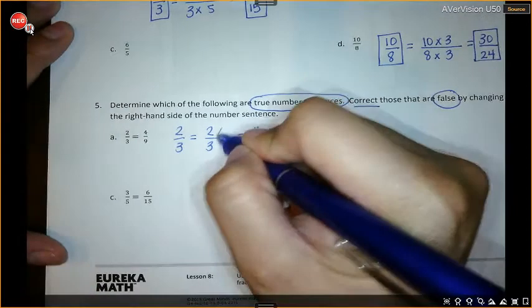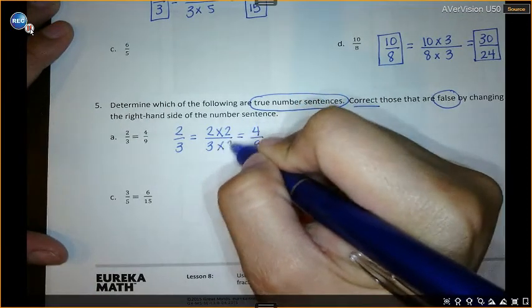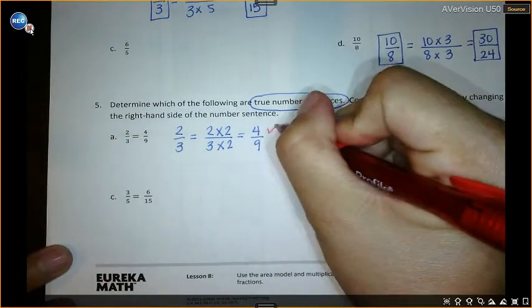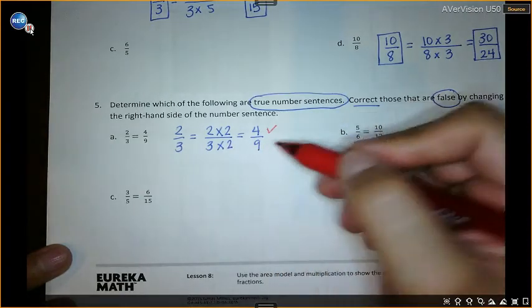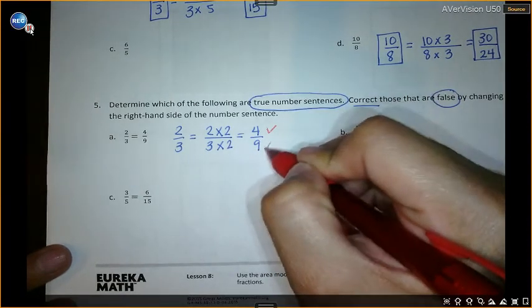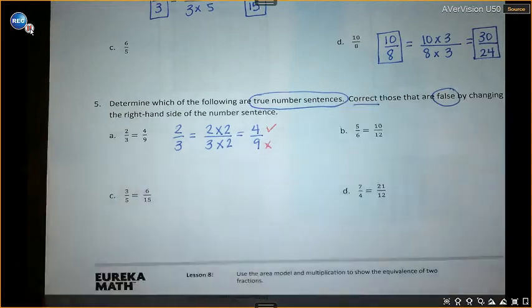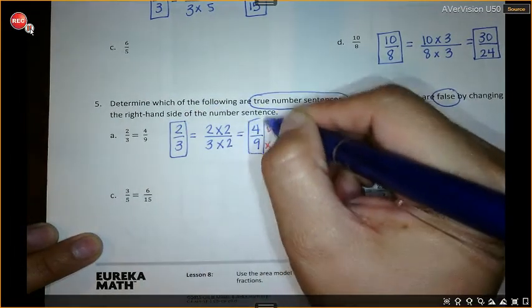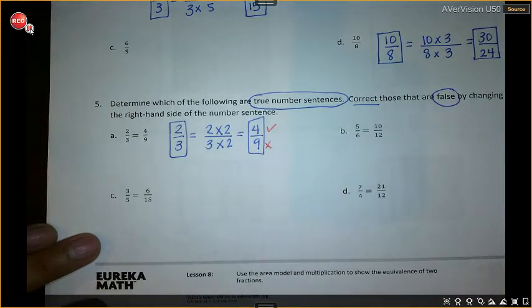Yes, times 2. So that means we're multiplying the bottom times 2. So 2 times 2 is 4, correct, and 3 times 2 is 9? Oh, that's wrong. So what do we know about 2/3 and 4/9? Yes, these two fractions are not equivalent.